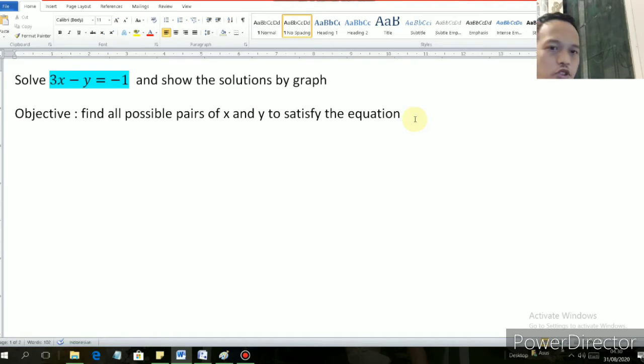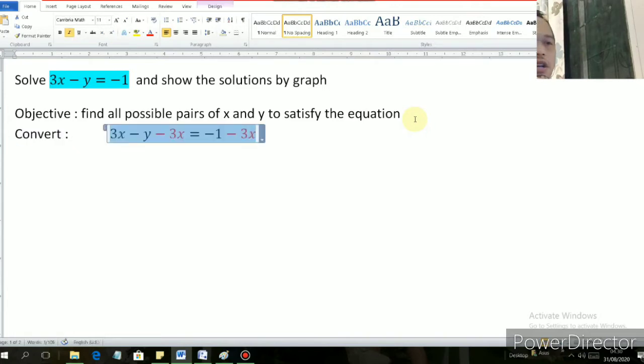The first approach that you can do to make it easier to find all the pairs is by converting the equation. I need to convert this equation into a statement of y equals something. You need to isolate y.